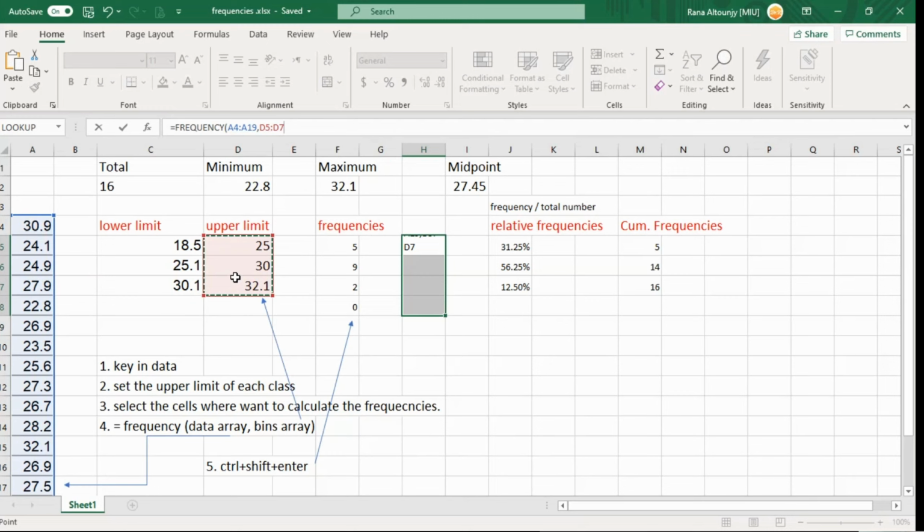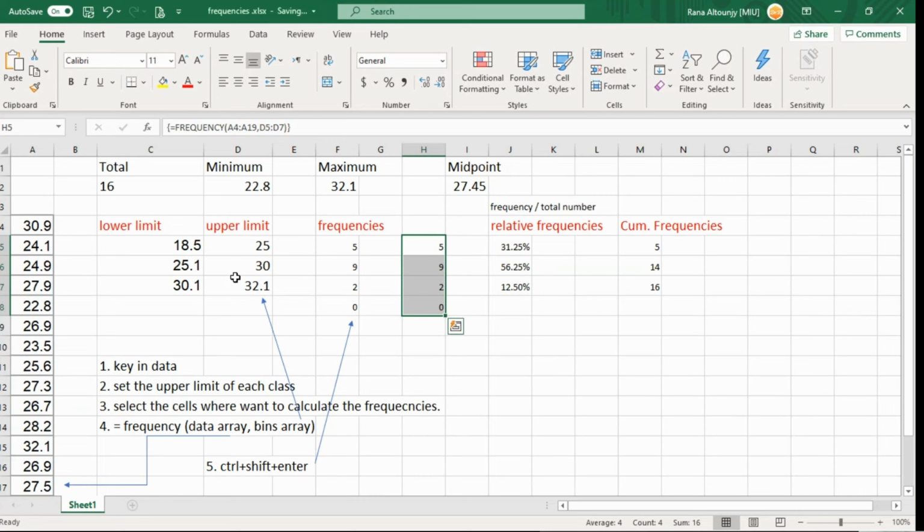Then we don't press enter, we press Control Shift Enter. You see how it calculates the frequencies of the data.